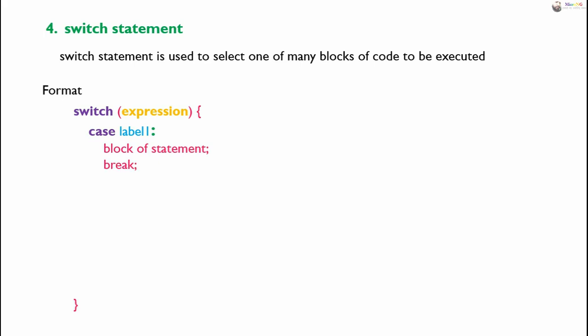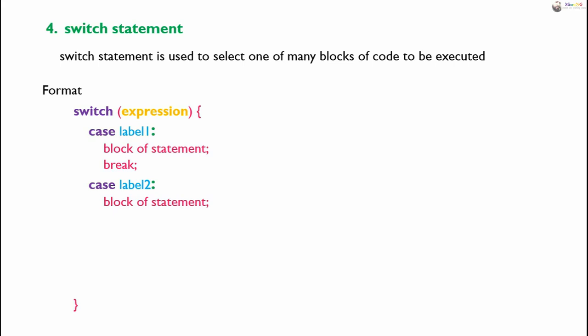After every block of statements present in a case, we have to write a break statement. If we don't write the break statement, it will fall into the next case block by default. Similarly, if the expression evaluates to value label 2, it goes into case label 2 and the block of statements which is part of case label 2 will get executed.